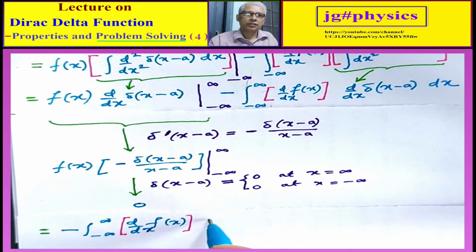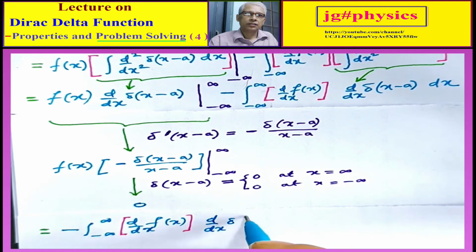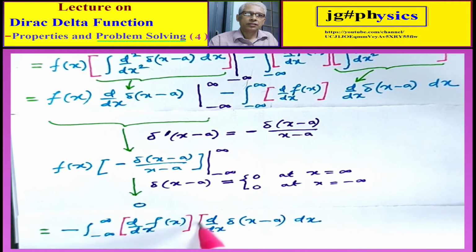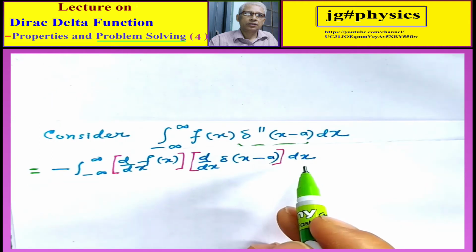And it involves now the first derivative of Dirac delta x minus a, which means we have to once again partially integrate it.